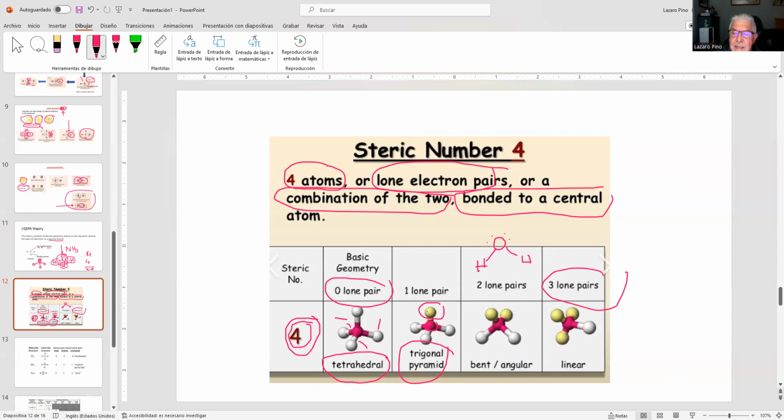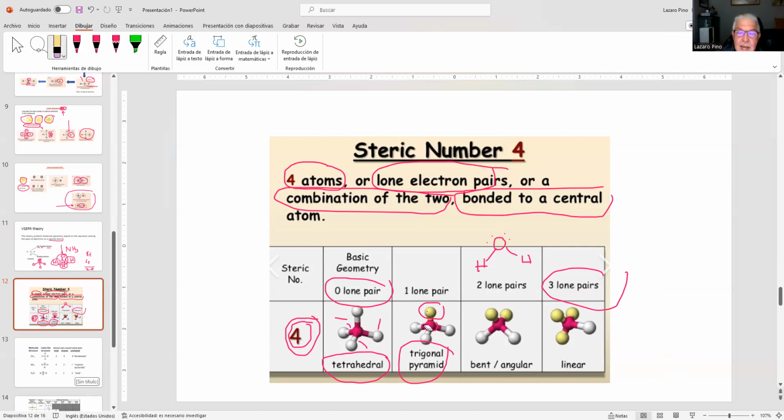Then in this case it is a linear molecule. For example, it can happen in this compound, cyanide.